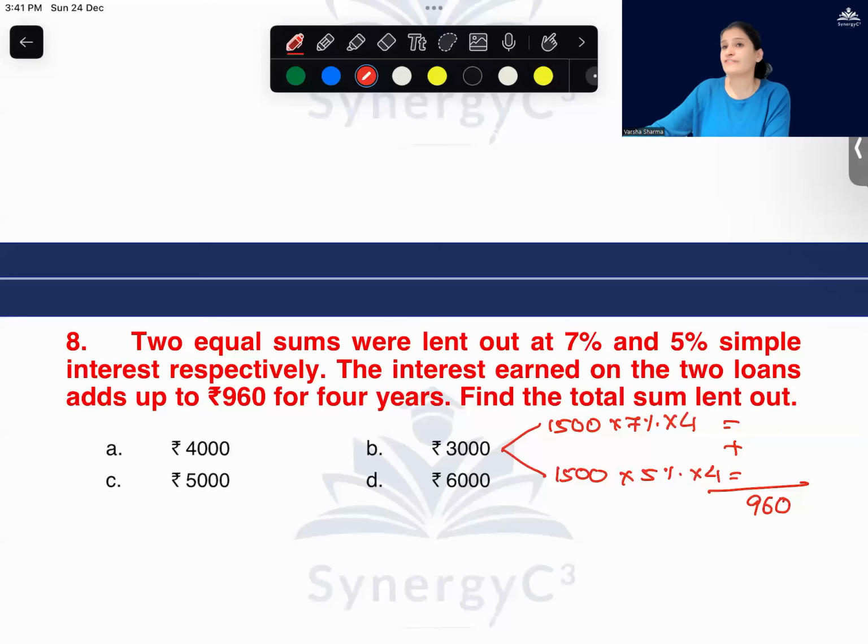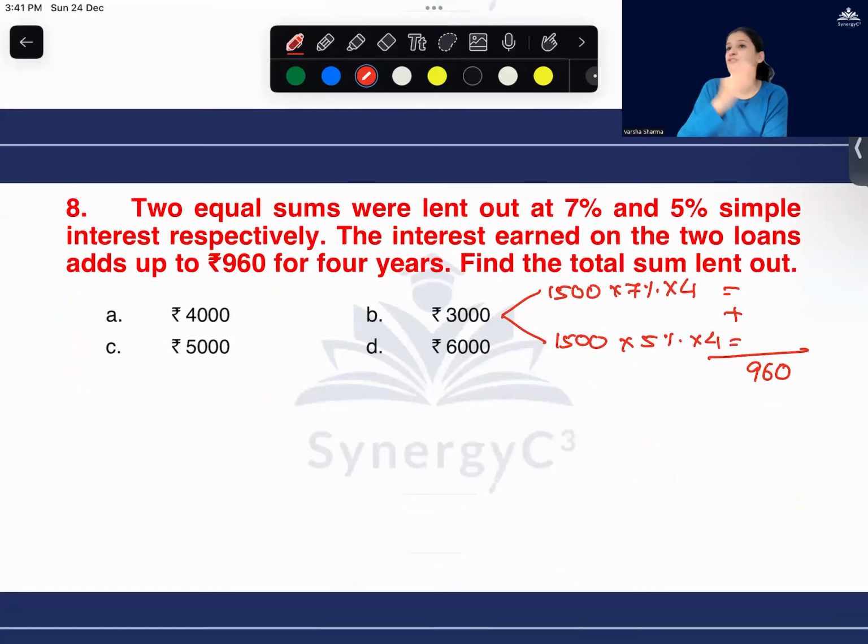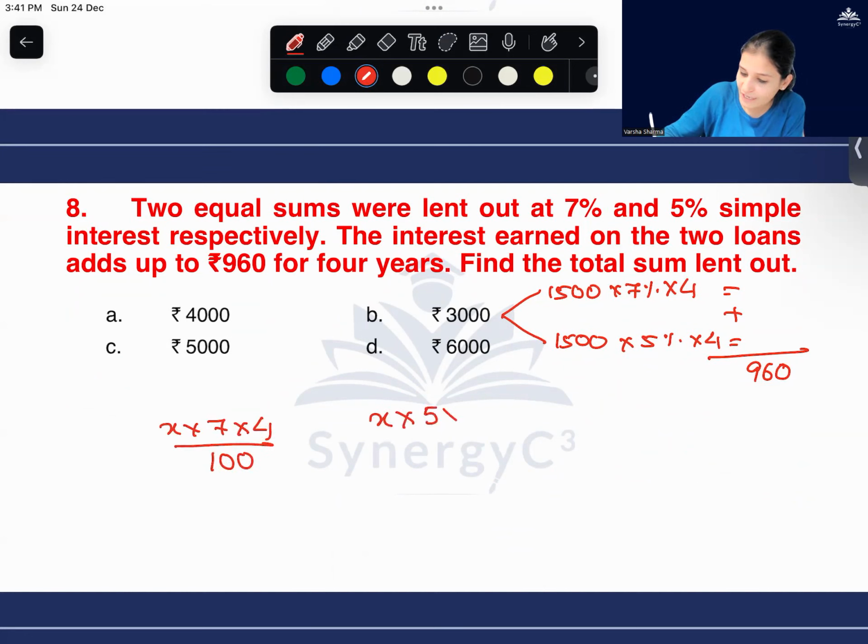Excellent. If you don't want to use trial and error, what you can do is, suppose I'm investing X rupees. So the first one at X, I'm applying 7% for 4 years. Second, again X, I'm applying 5% for 4 years. And after adding it up, I'm getting 960.